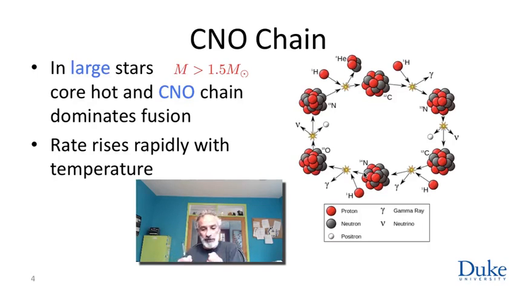You need to bring a proton near to a carbon nucleus, which has charge 6, and that electrostatic repulsion is much stronger, and so it takes higher temperatures to get the CNO chain started. This is the qualitative difference between big stars and little stars.